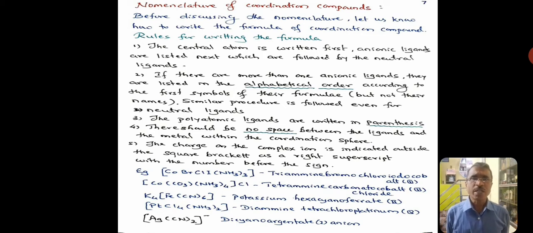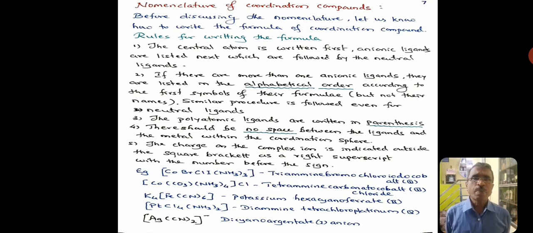Let us take the first complex, the cobalt complex. In this complex, chloro, bromo, iodo are the three negatively charged ligands. Among the three, Br comes first, next Cl, next I. Therefore, bromo is written first, then Cl and then I.